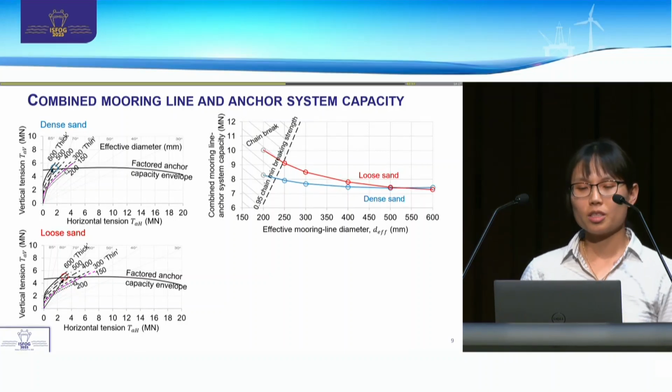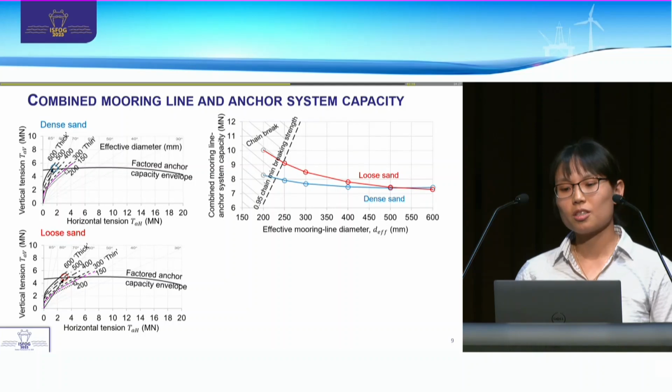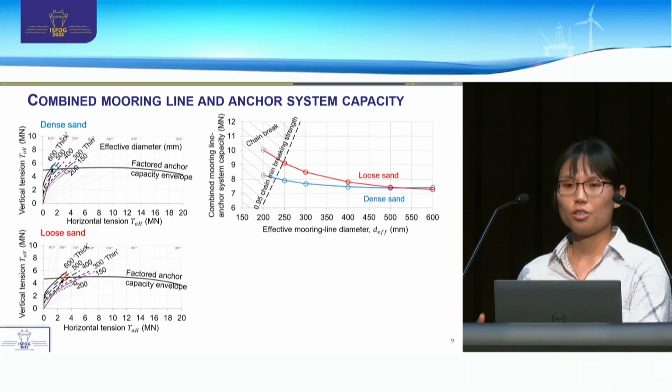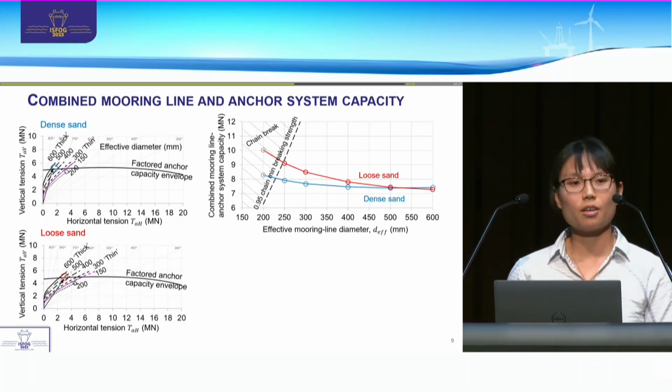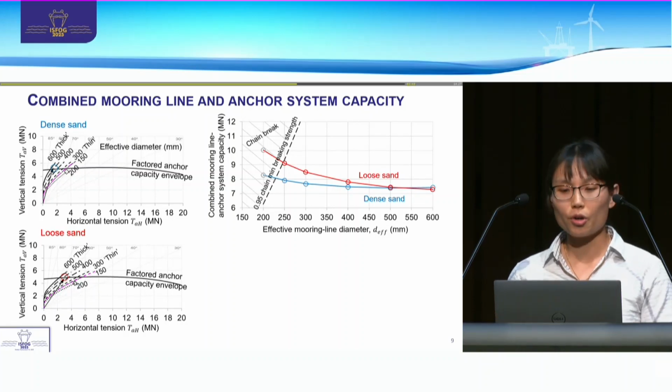The reason for this is that the reduction in anchor capacity in loose sands is eclipsed by the increase in tension that you can get from thinner chains cutting into looser sands, thus mobilizing a lower inclination angle of loading.